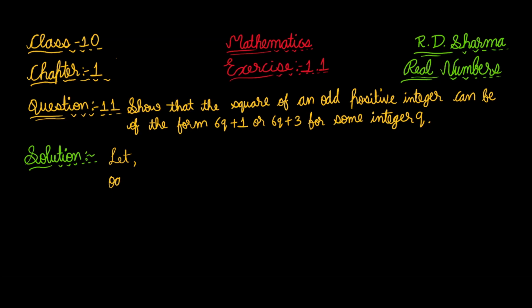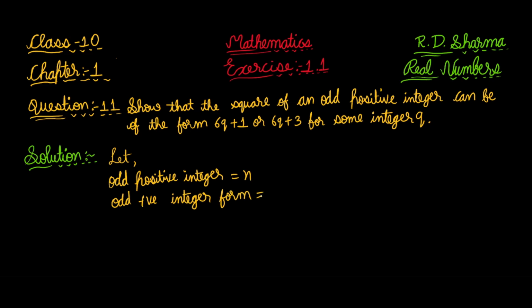odd positive integer is equal to n. So what will be its form of an odd positive integer?